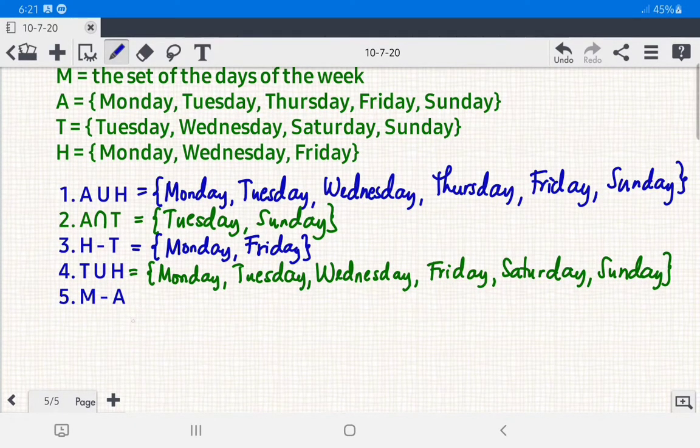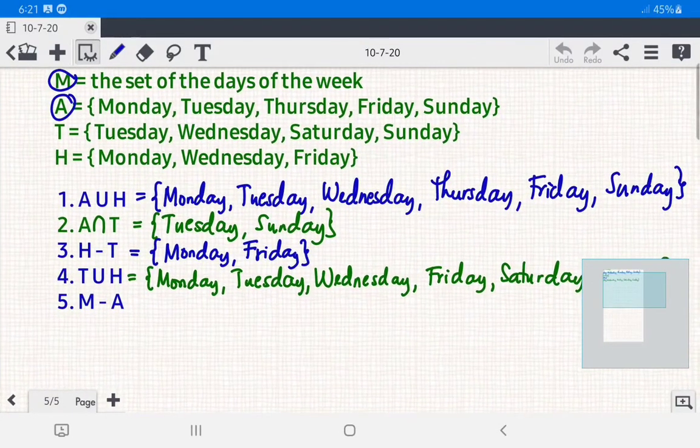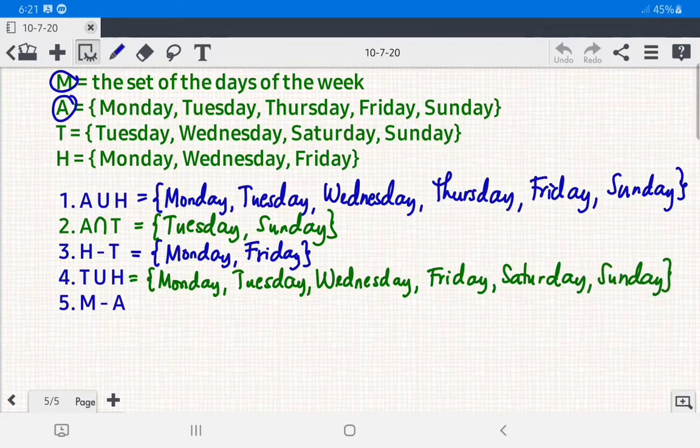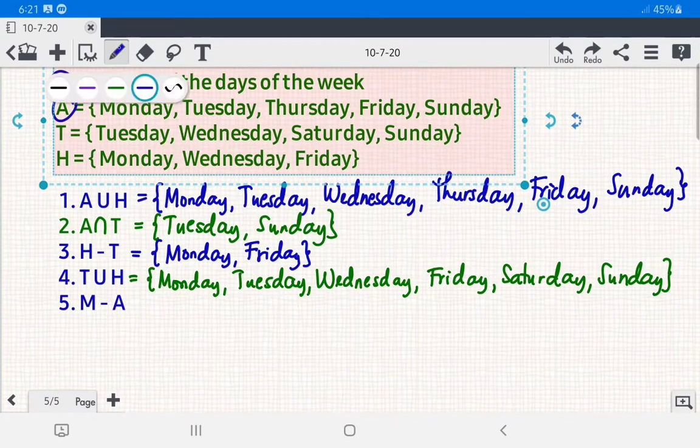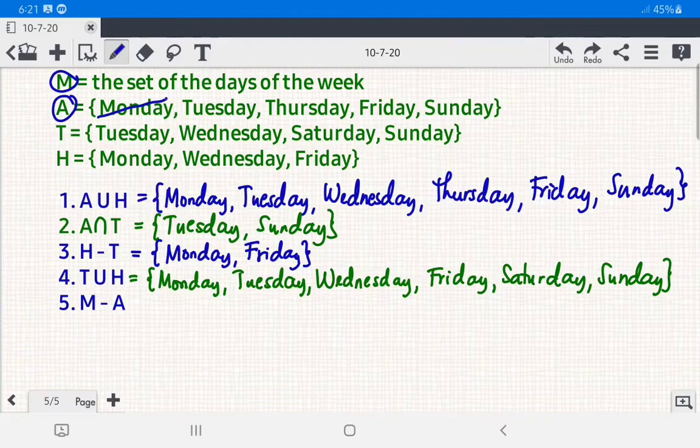Okay, next, number 5, M minus A. So set M and then set A. Again, we're going to remove elements in set M that are also in set A. So set M has the elements from Monday to Sunday, and we will remove Monday, Tuesday, Thursday, Friday, and Sunday.